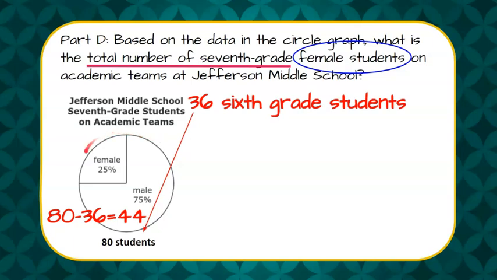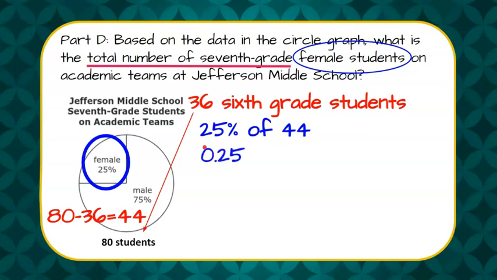So here we're talking about 44 students. So we know that 25% of the 44 are female. So 25% written as a decimal, multiplied by the 44, female versus male.